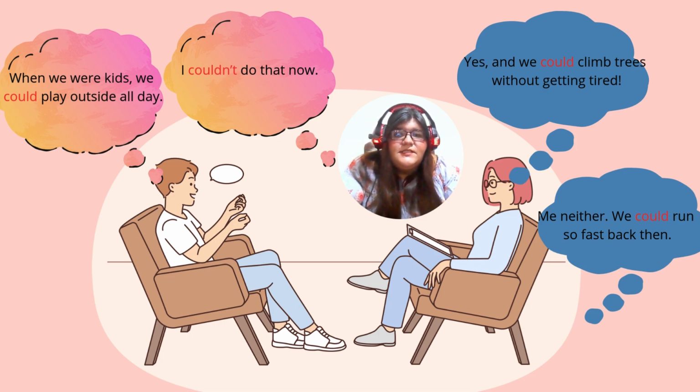And the girl says, yes, and we could climb trees without getting tired. And he says, I couldn't do that now. And she says, me neither. We could run so fast back then. If you see here, they are remembering the things that they could do when they were children.